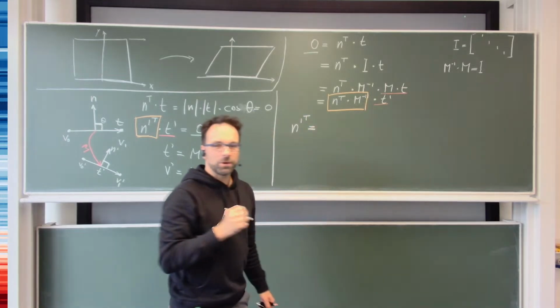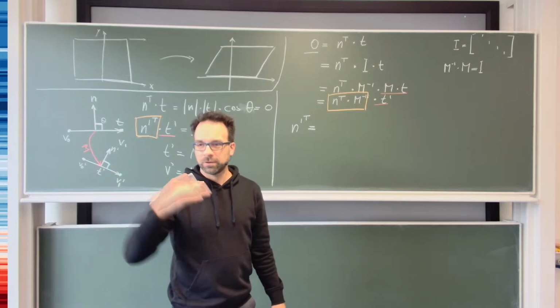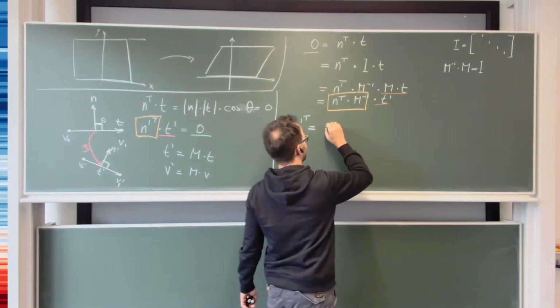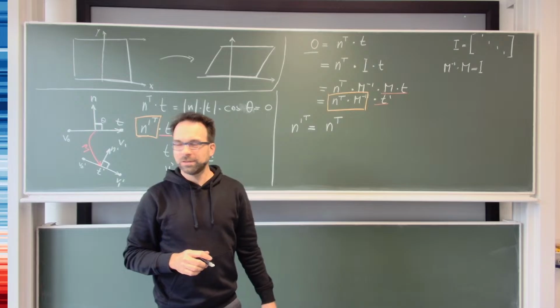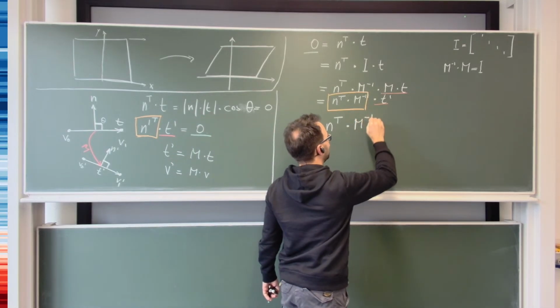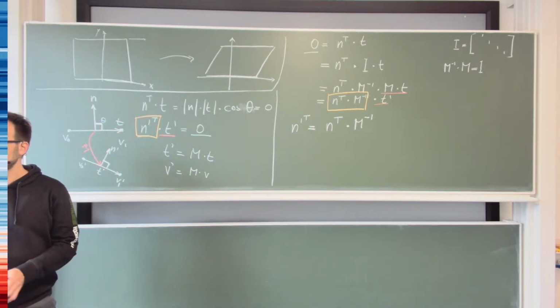So, the transpose of the transformed normal, a row vector of the transformed normal, is the transpose of the original normal multiplied by the inverse of the transformation matrix.